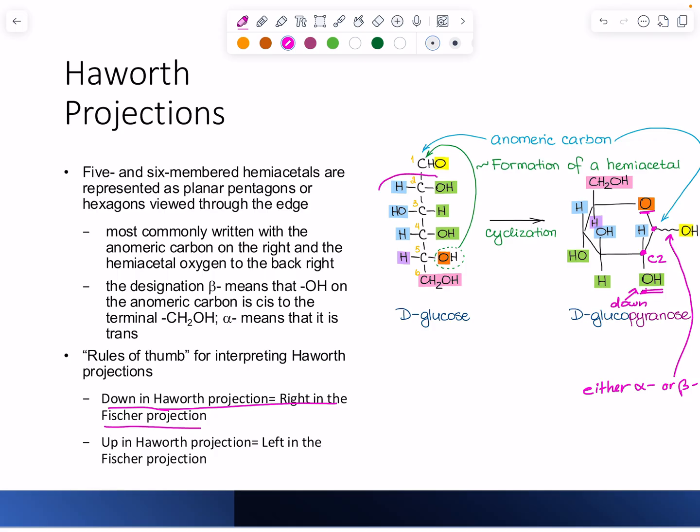Here's carbon 2. That is to the right in the Fischer projection, and in the Haworth, it's down below the ring. So that's how you will be able to convert between a Fischer and a Haworth projection. And then if it's up in the Haworth projection, it's going to be on the left in the Fischer.